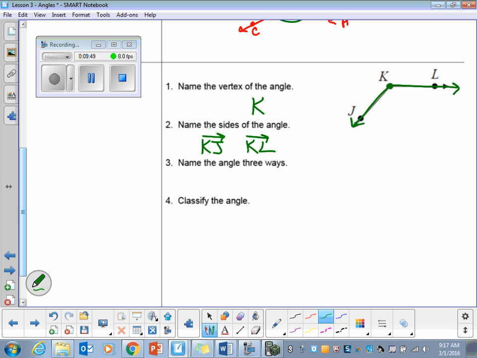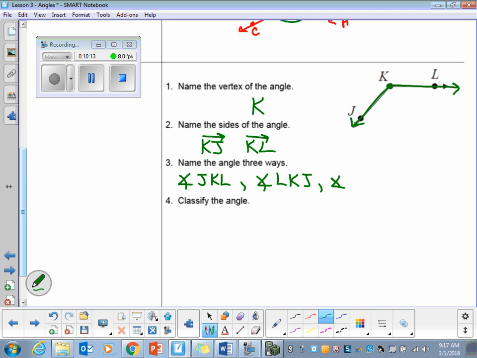So let's name this angle 3 different ways. The best way, angle symbol, would be to put K in the middle and put J and L around it alphabetically. So J, K, L. The second best way would be to put K in the middle and L and J around it, not in alphabetical order.